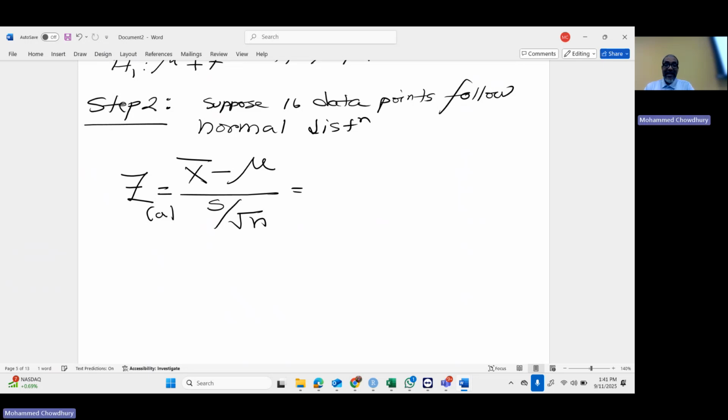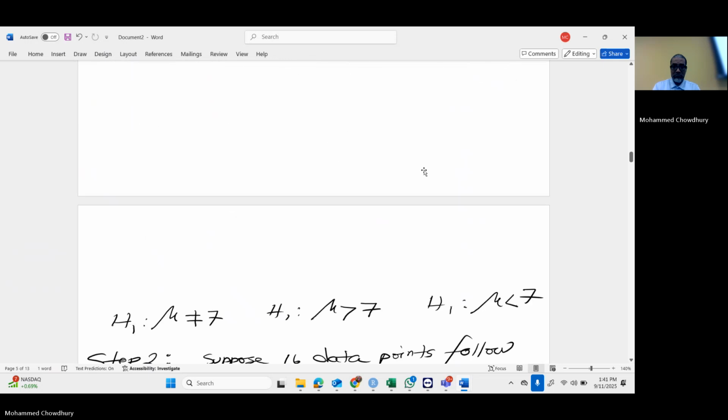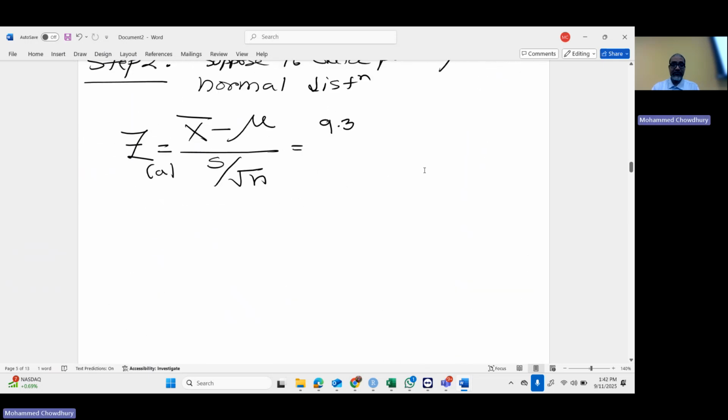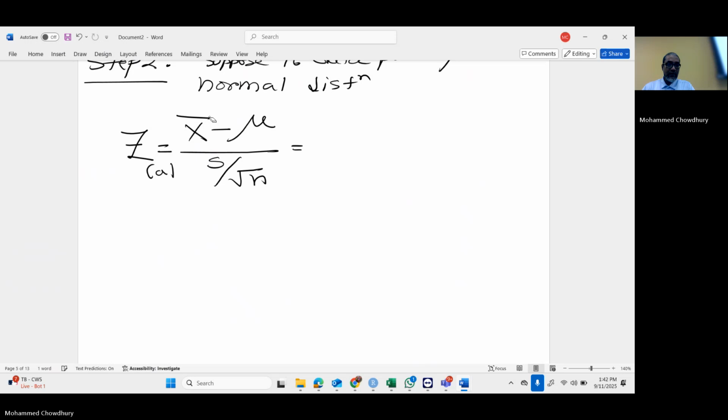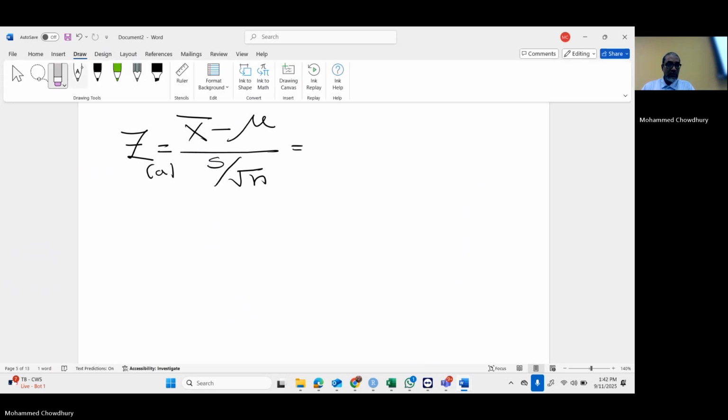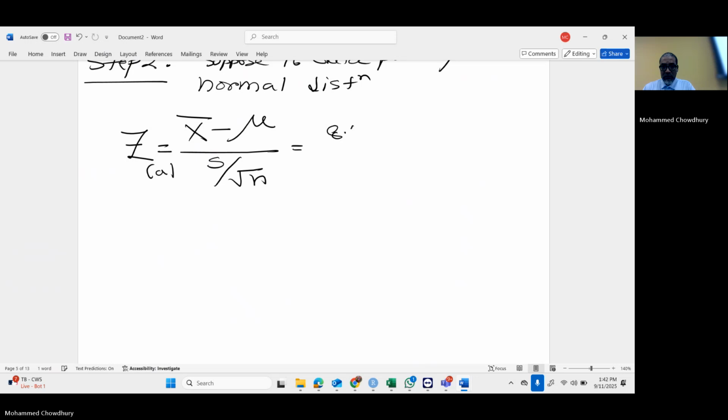So what was my X bar? Can anyone tell me, that I computed from the data? 8.5.